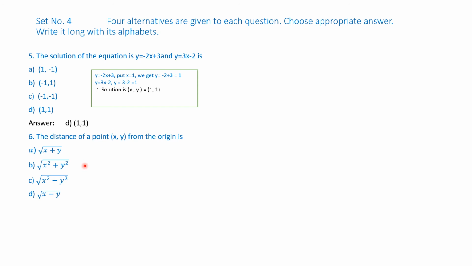These are the different options. So he is asking not the ordinates or coordinates, but the distance. Therefore, the distance from origin formula is square root of x square plus y square. So B is the answer.